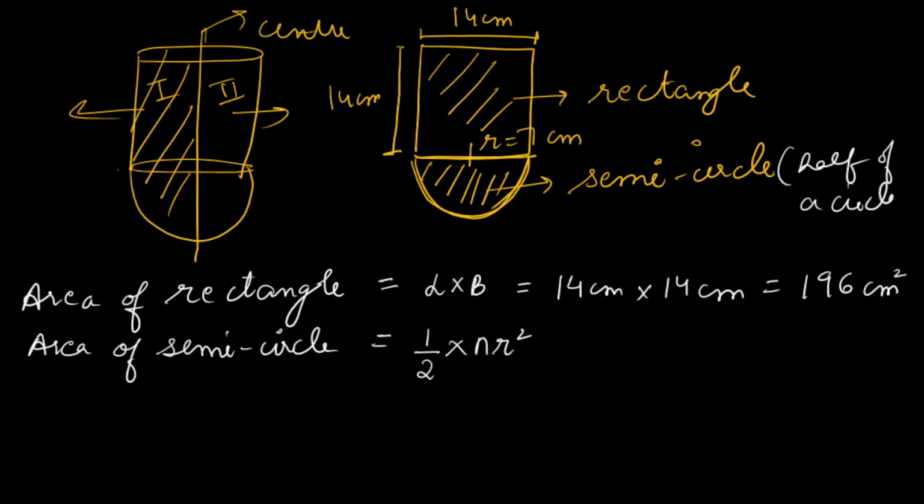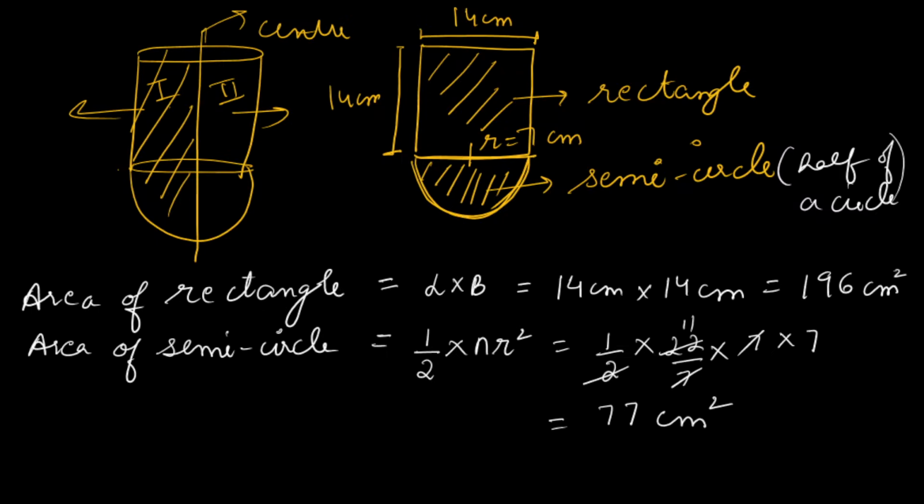So half into 22 by 7 into r square, that is 7 into 7. So 2 into 11, one of the 7 will get cancelled. So 11 into 7 is 77 centimeter square.